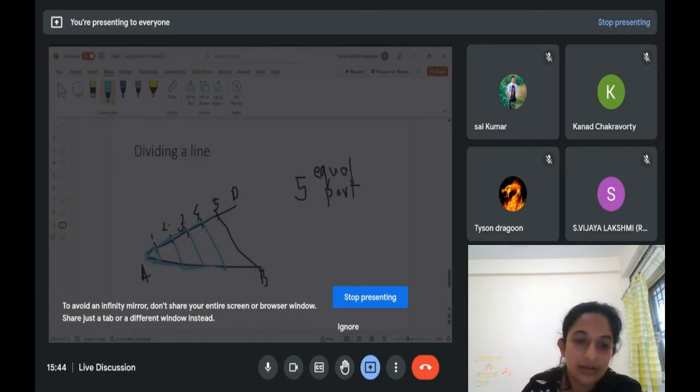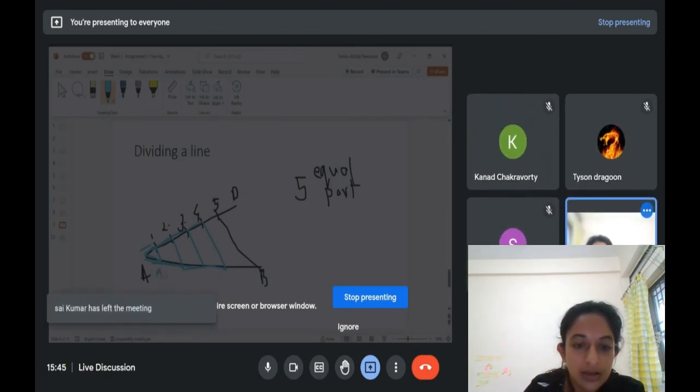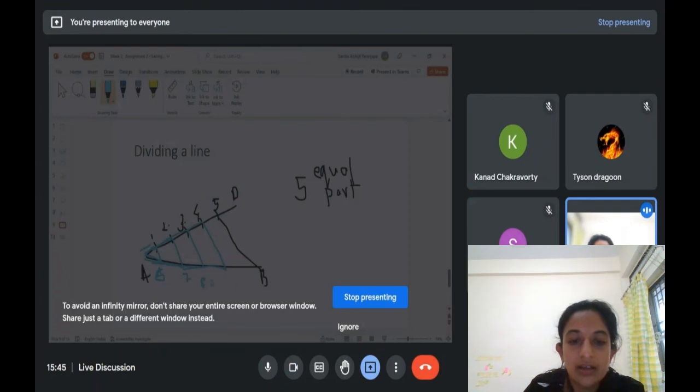So here from similar triangles we can prove that A1, I'll mark this, consider this as maybe point 6, 7, 8 and 9. So I can say that A1 by A2, A1 by 1 2 is equal to A6 by 6 7.